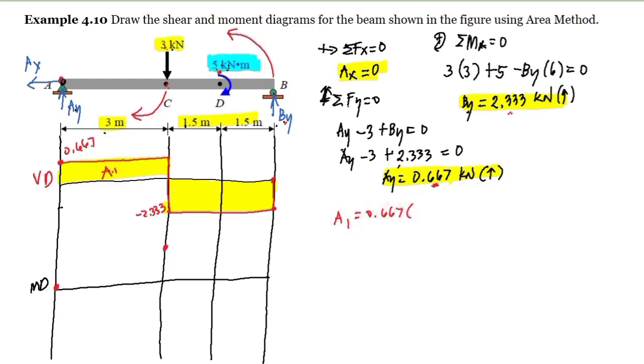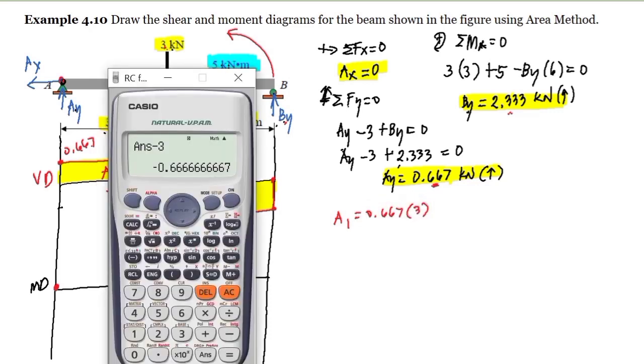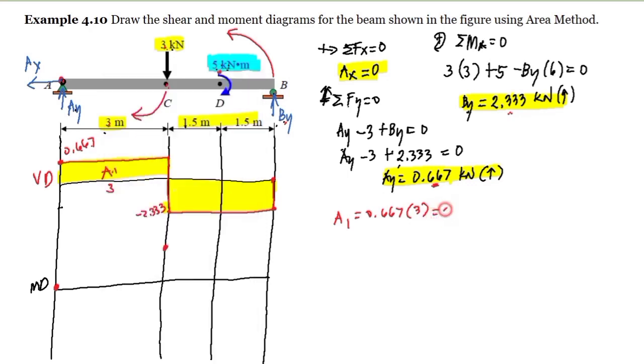We have to multiply that to the distance 3. So, times 3. Okay? So, we have here 0.667 times 3. And that is equal to 2.001. So, meron tayong 2.001.